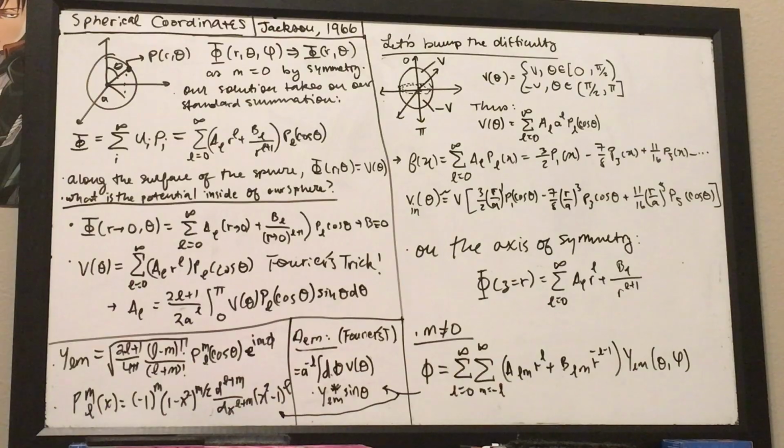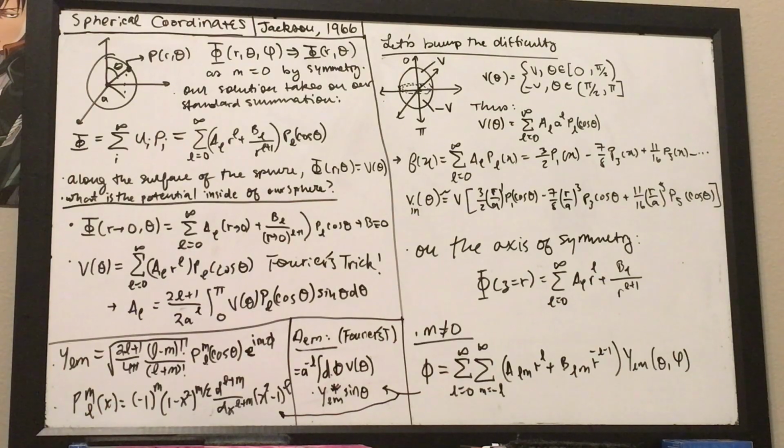My bad. And our associated Legendre polynomial itself is a whole other expression: negative 1 to the power of m, times (1 minus x squared) to the power of m over 2, times the (L plus m)th derivative of (x squared minus 1) to the power of L. Now, that's a mouthful.